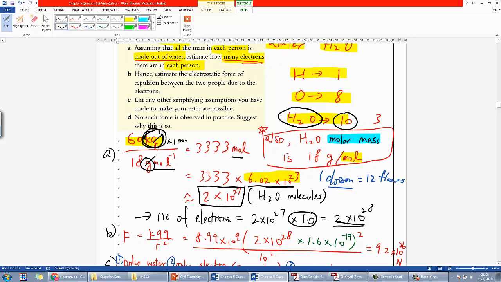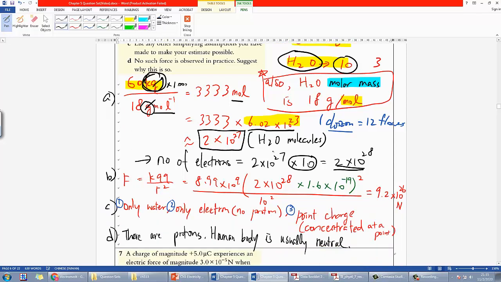Part B is asking you, this is the best part, after you get the answer from part A, to estimate the electrostatic force. That means using Coulomb's law to find the repulsion between the two people due to the electrons. It's nothing special. You just have to be careful with the charge, because the answer you find from part A is the number of electrons, and when we use Coulomb's law, we have to use coulombs as the unit of charge.